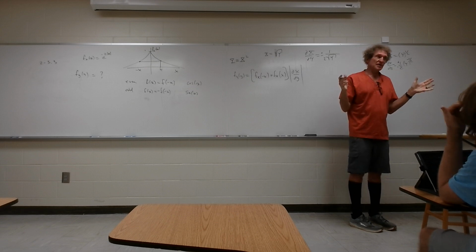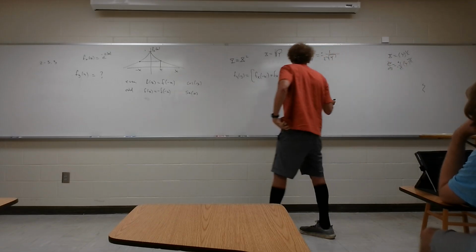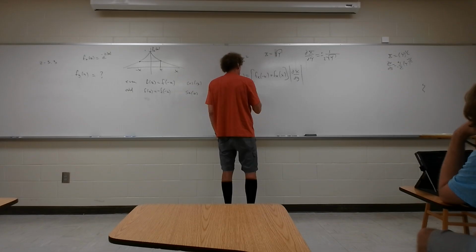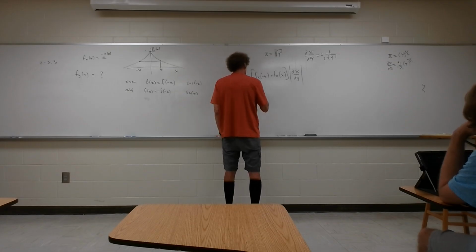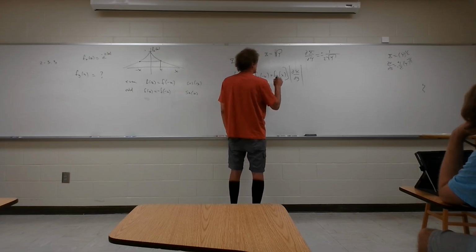Y'all understand what I'm doing here? I'm spending a little more time on this than I usually do. But come over here, and now we do it. For this one, we're going to have f_Y(y) equal to f_X(x), or now it's going to be e to the minus 2, and it's still, on this one, magnitude of x. So when x is minus, it's just going to be square root of y.